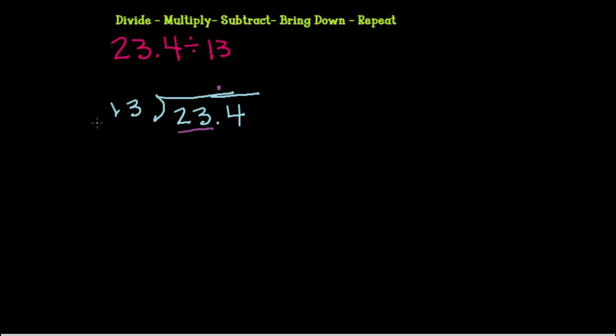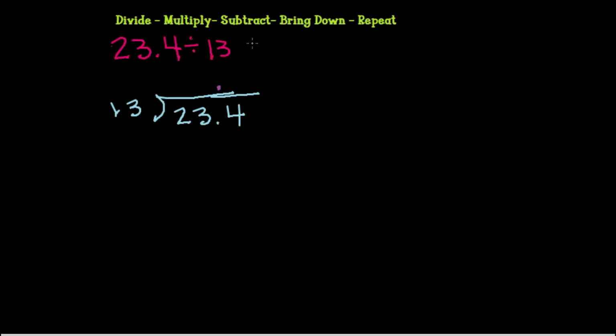We know that 13 times 1 equals 13, and we could try a higher number. Let's say 13 times 2 would be 26. That's going to be too much. It overpasses the 23 we're looking for. So we're going to use 1.